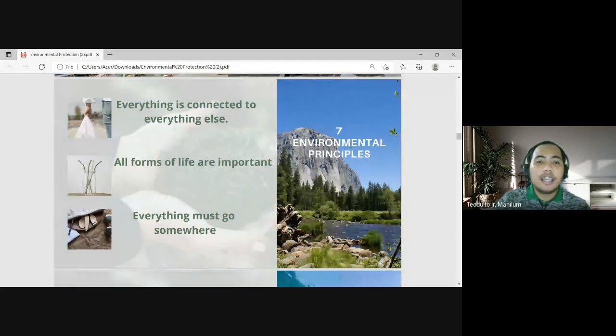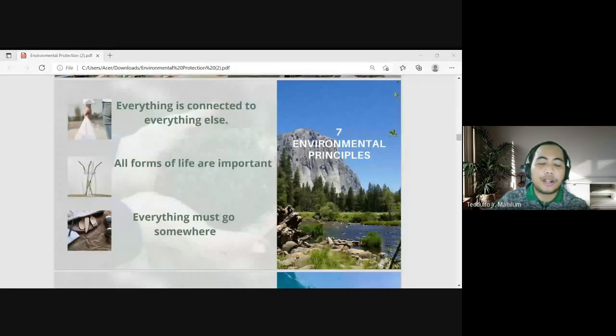Number three, everything must go somewhere. What do you mean by everything must go somewhere? It means that ang lahat ng bagay ay may patutunguhan. The byproducts of consumption go back to the environment. Everything we do, good or bad, reflects and results in the environment.